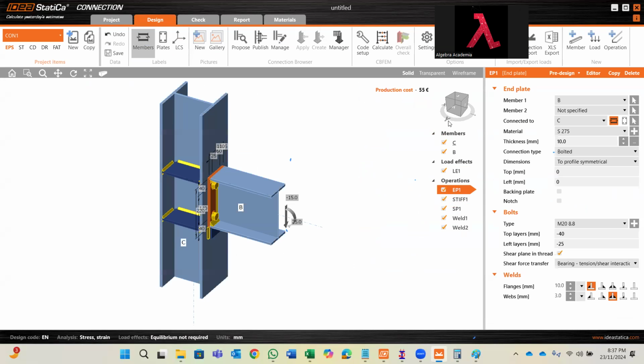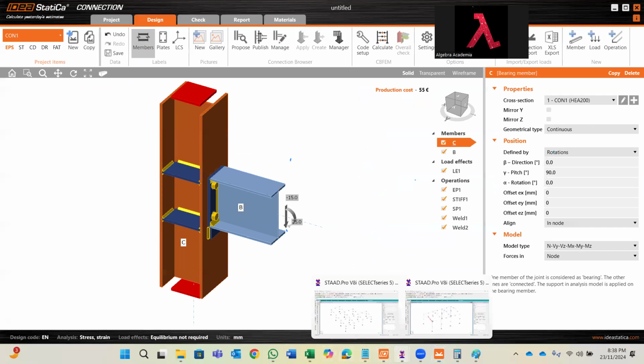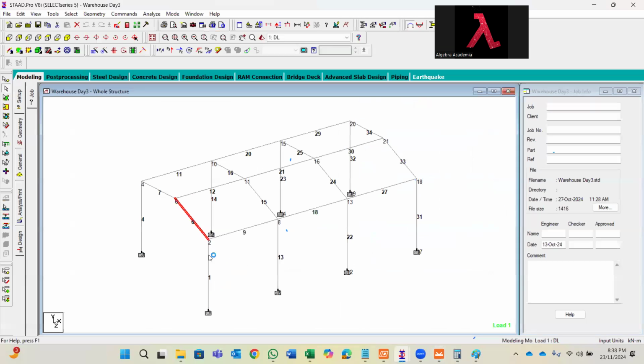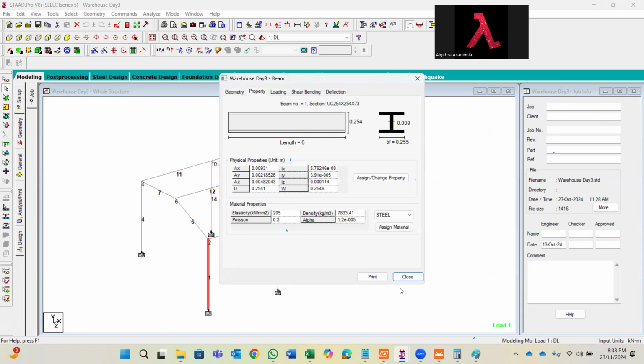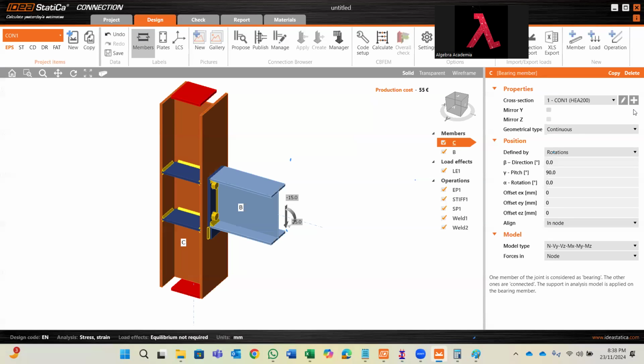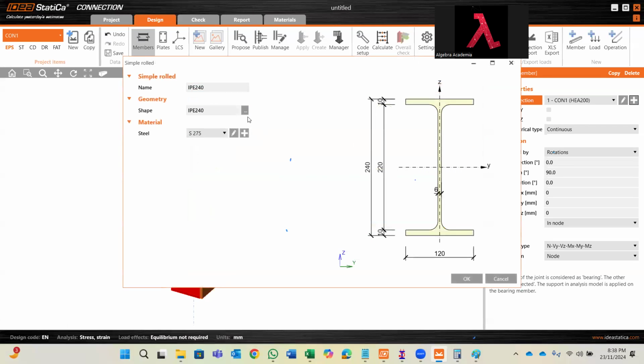Okay. So let's change the forces. Let's change the section sizes first, as usual. You see 254, 254, 73. 254, 254, 73. Column.